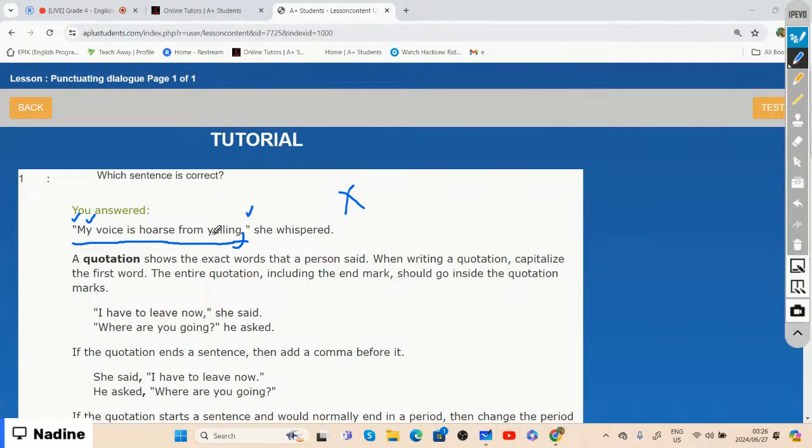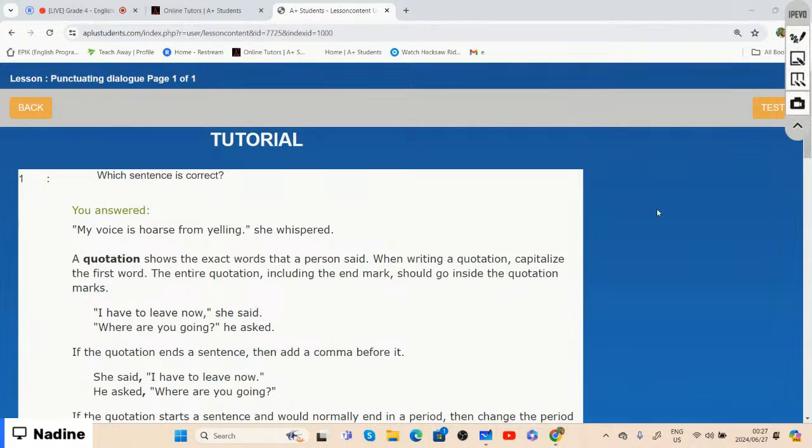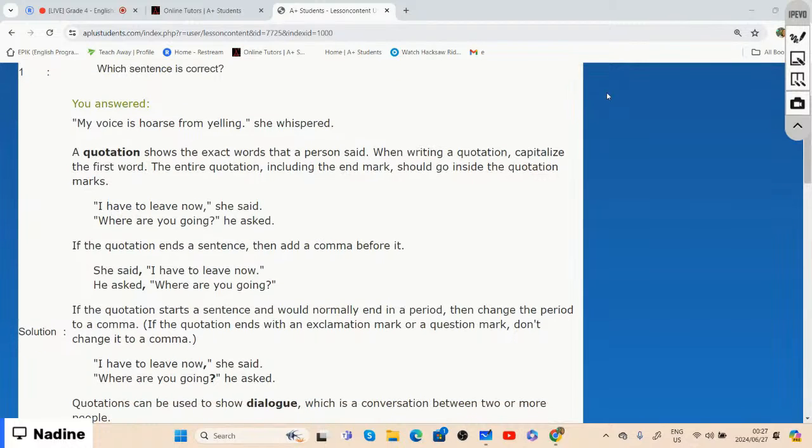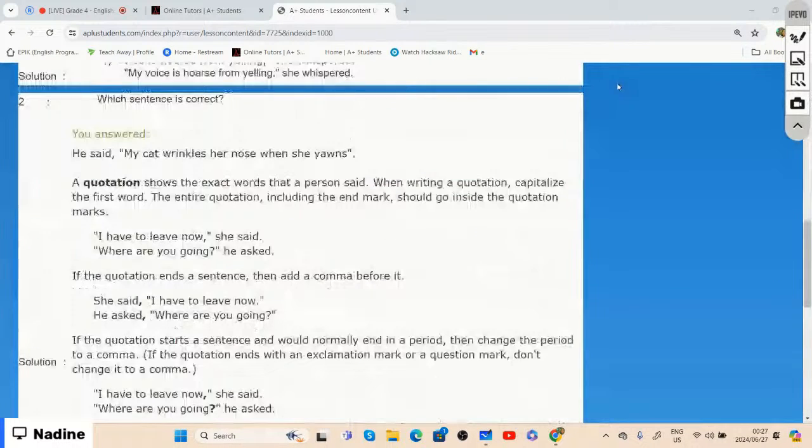It should say, "My voice is hoarse from yelling," she whispered. Unless there was an exclamation mark or question mark, then we would have left it the same. But whenever a quotation ends with a period, we change it to a comma. And no problem. So now we continue and then we will look at the other activities. All right, let's look at the next one.